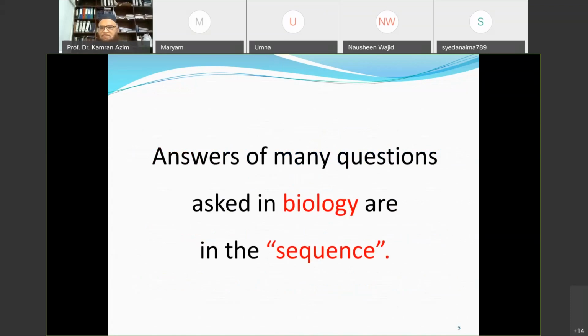Therefore, we can say that answers to many questions we ask in biology, we can get in the sequence of nucleotides in DNA and RNA and the sequence of amino acids in proteins.